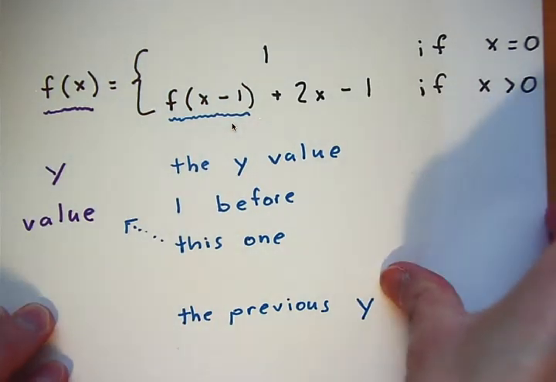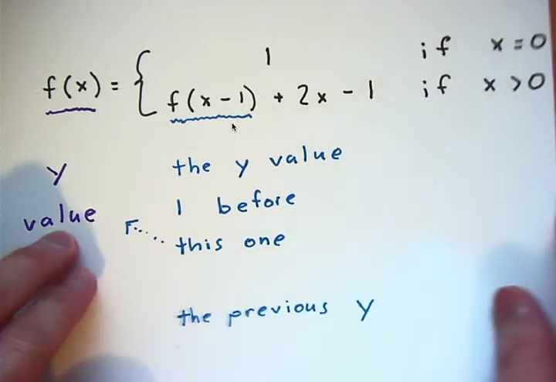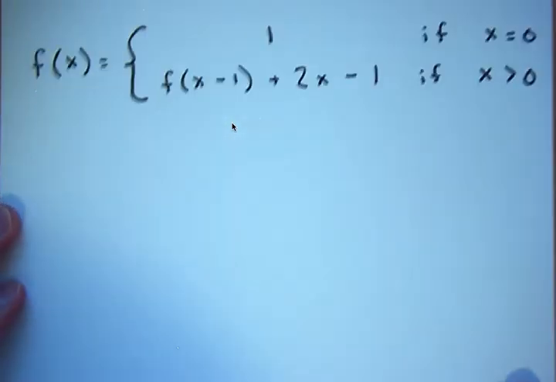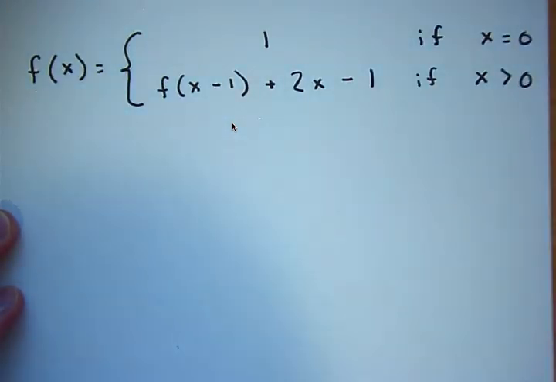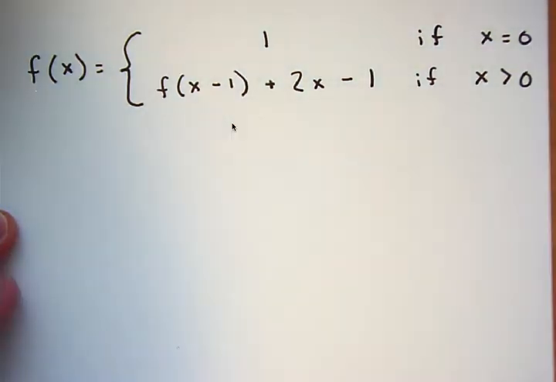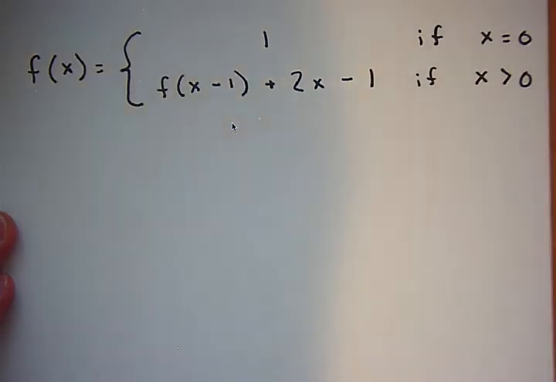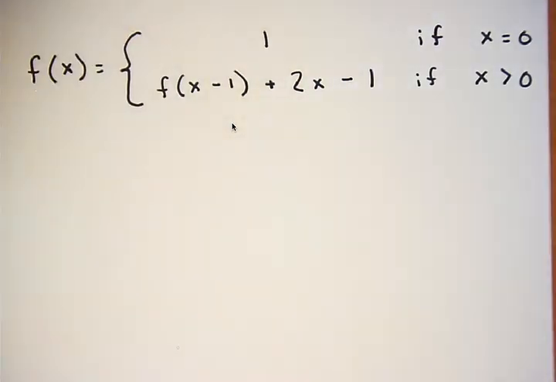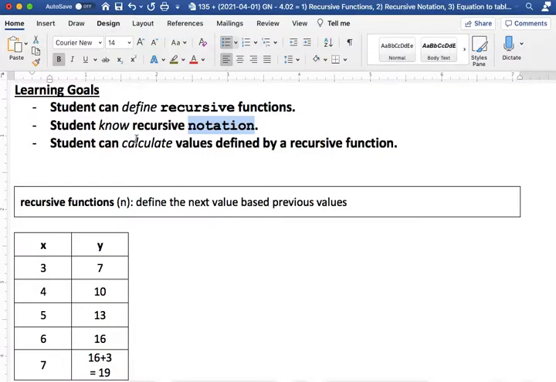Okay, so let's look at this. Once again, this is still the exact same equation. We're now just going to look at the values for this equation. So this is moving on to this third point. How do we get values from our recursive function?